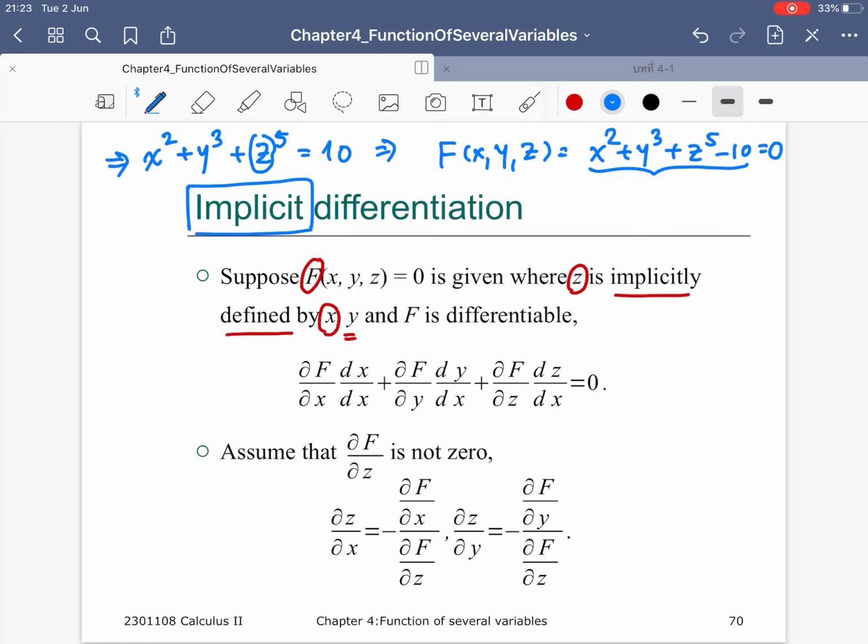Okay, so this is simply your F. Actually, in this material later on they'll give you a formula to find dz by dx. However, the way we teach, we are not going to use the formula, but we are just going to use the chain rule. For example, if we want to find a derivative with respect to x, we are going to take a derivative with respect to x on both sides.